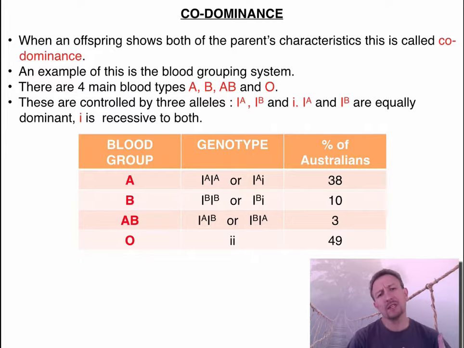So you can determine what's going to happen with your genotypes, but the key thing that I want you to understand is that when we have a form of codominance, we've got equal dominance for both of them, but their traits don't mix together, they stay on their own. I hope that makes sense to you.